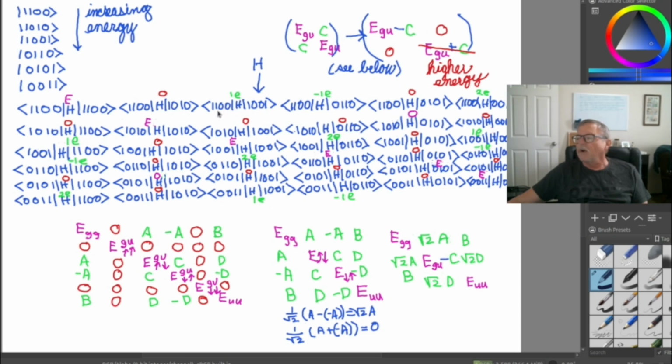If you notice, we take this one and bring it up to that one, then that's just one electron that gets moved. So all of the green ones, well, not all of the green ones, the A's and the D's are single excitation, whereas the B's and the C's are double electron excitation.